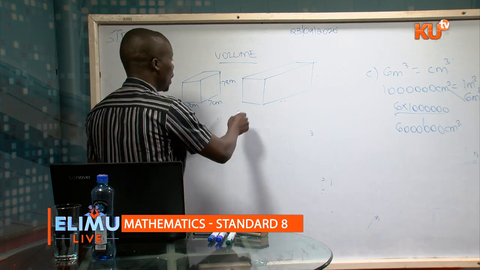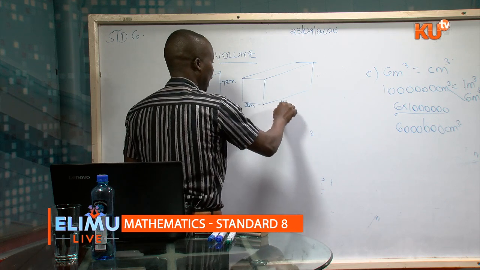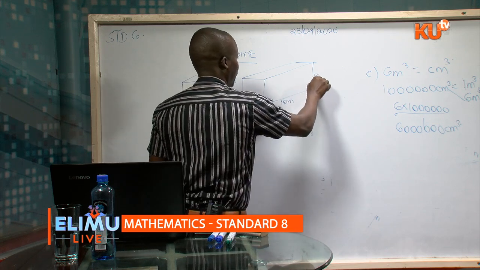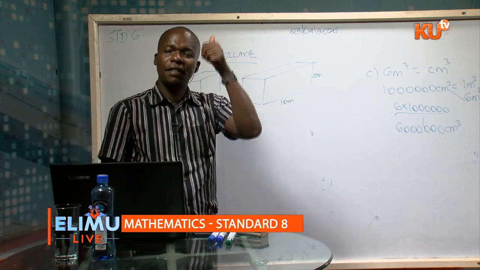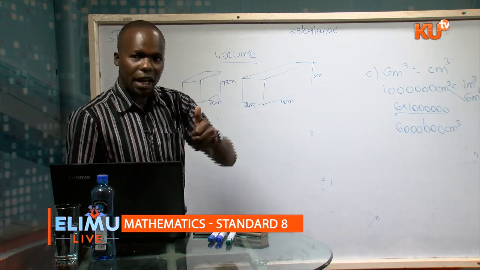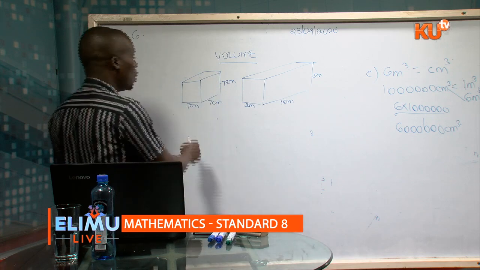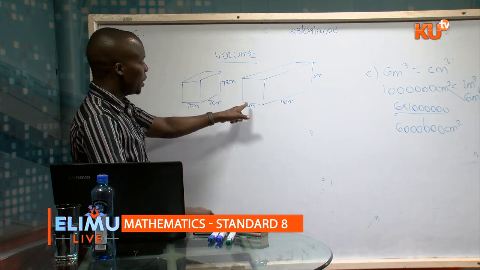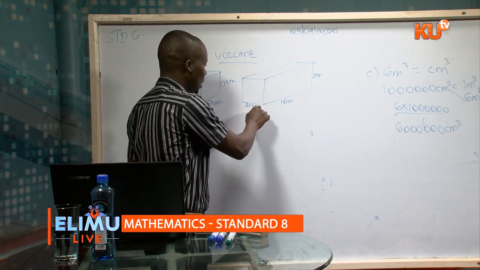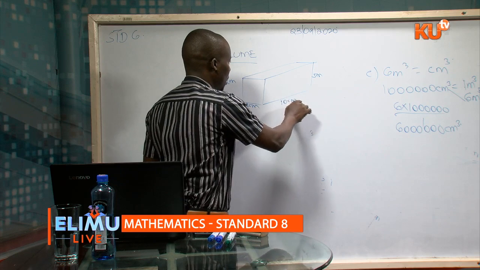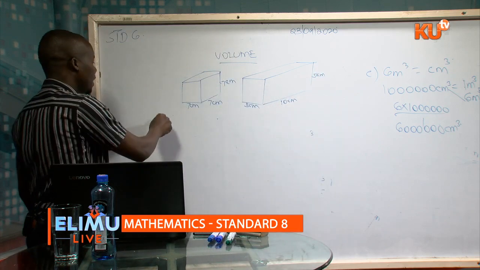And for a cuboid, you have 3, 10, 5. Before you work out, ensure you have all the measurements in same unit, and then you have the formula. So they are all in same unit. Let me have this one also centimeters. Also, that one. So, have it this way.